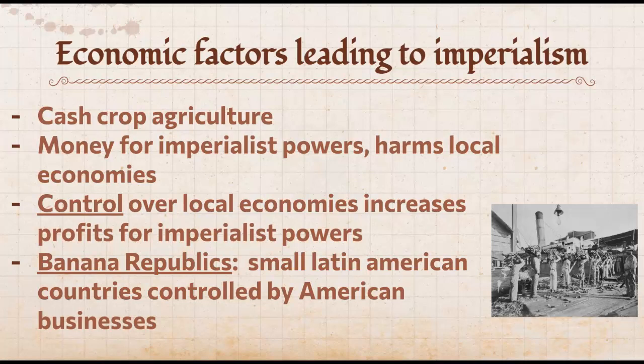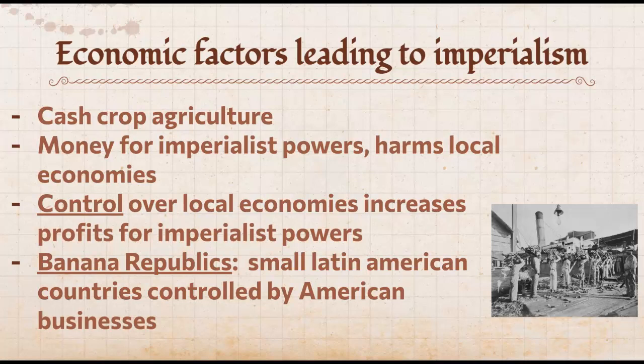Another factor is going to be control over local economies, which will increase profits through the selling of manufactured goods back into these colonialized markets. And then another big factor is going to be banana republics.